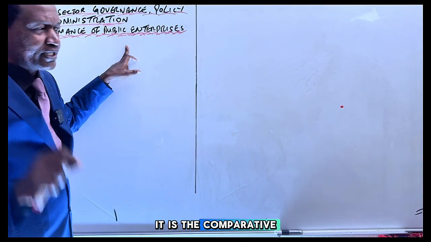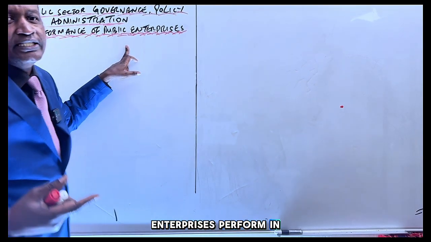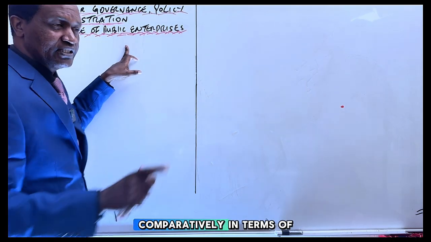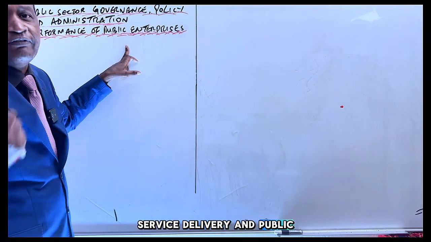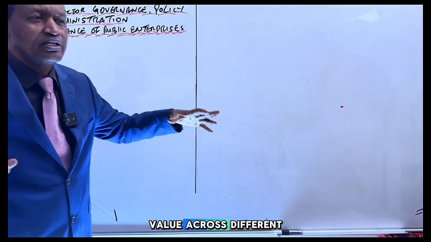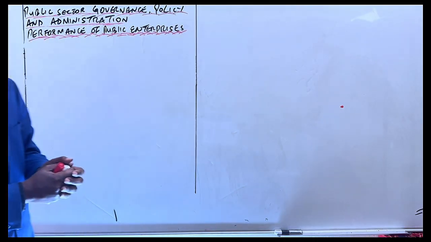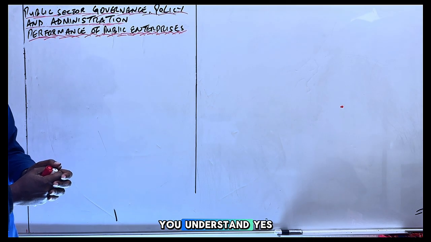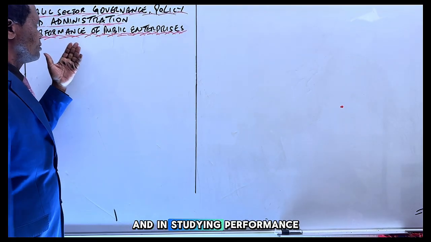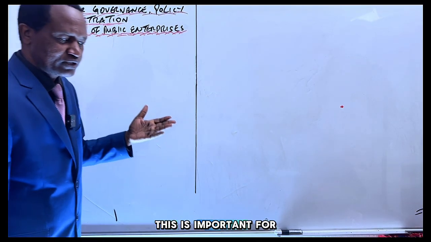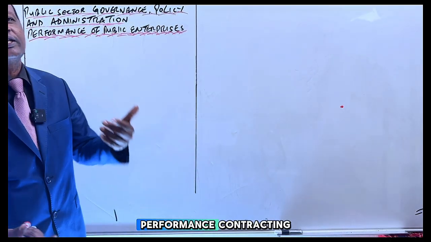It is the comparative assessment of how public enterprises perform comparatively in terms of efficiency, profitability, service delivery, and public value across different sectors. Understand? Yes. And in studying performance of public enterprises, it is important for us to also make mention of performance contracting.